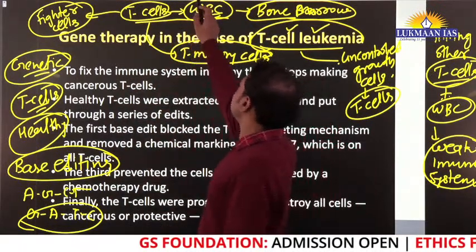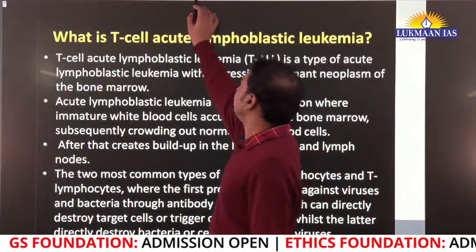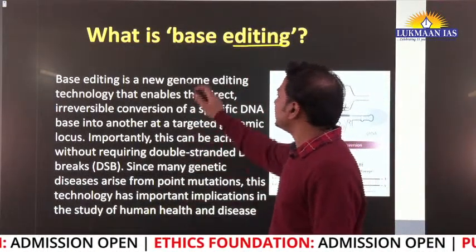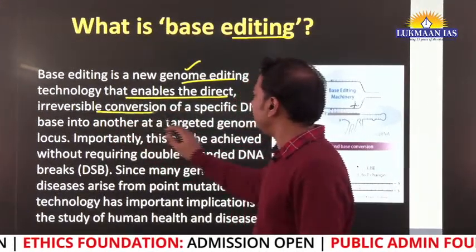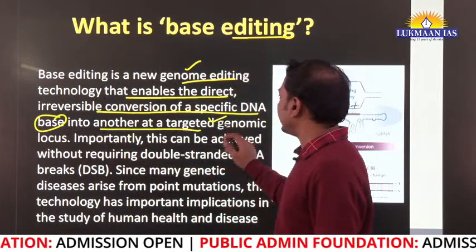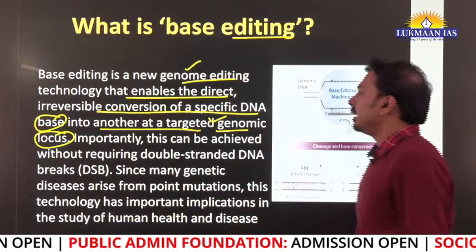So what is base editing? Base editing is a new genome editing technology that enables direct, irreversible conversion of one specific DNA base into another at a targeted genomic locus, at the particular targeted point.